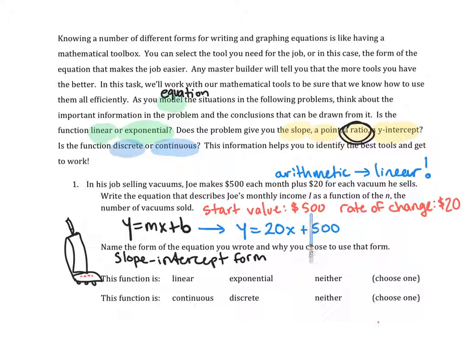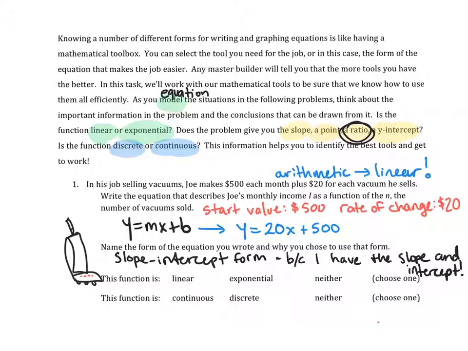Because remember, the start value is the same thing as the y-intercept. So since we had the slope and the intercept, that's why I chose the slope-intercept form. Make sense? I hope so. So I'm going to say, because I have the slope and intercept.